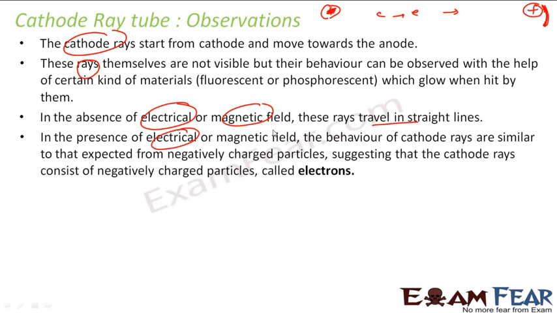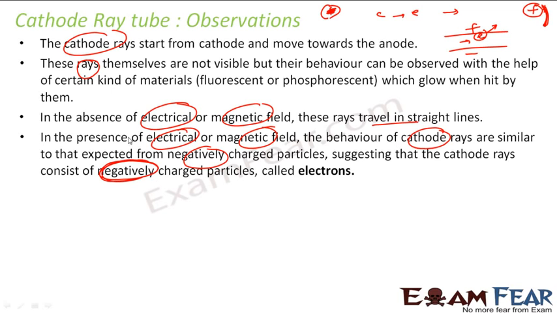If he applied an electric or magnetic field, the behavior of cathode rays was similar to that expected of negatively charged particles. For example, if he applied an electric field like this, and the electron was moving here, he saw that the electron started moving in this direction. So by applying electric and magnetic fields, he saw a change in behavior of the rays, and that change told loud and clear that this ray is negatively charged.